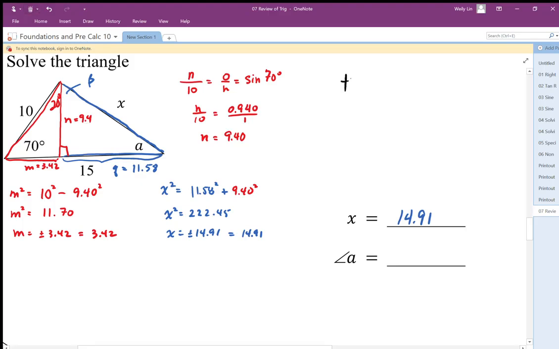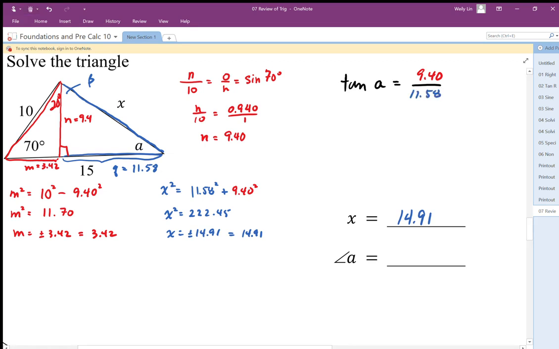I know that tan of angle A is equal to 9.4, my rise or opposite, over my adjacent, or run, which is 11.58.